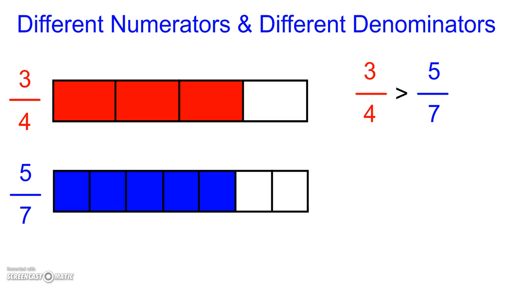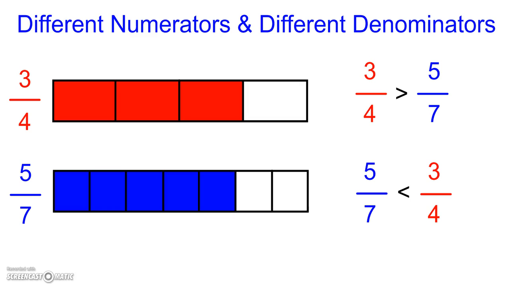I could also say that 5/7 is less than 3/4 because the area for 5 out of 7 is smaller than the area for 3 out of 4. Now this example is pretty difficult to judge just by looking at a picture.